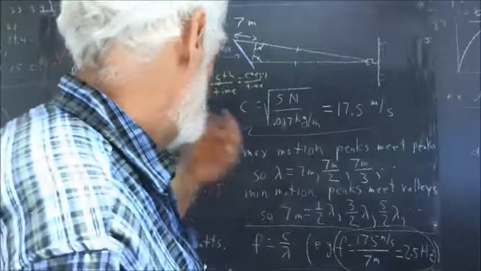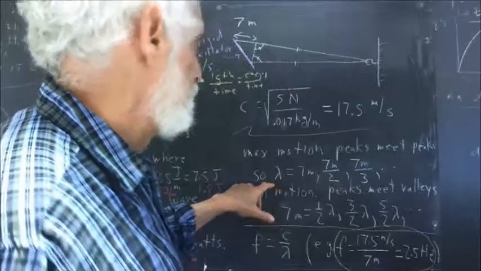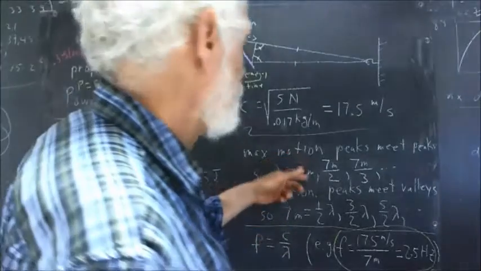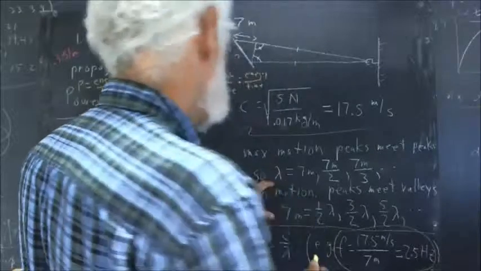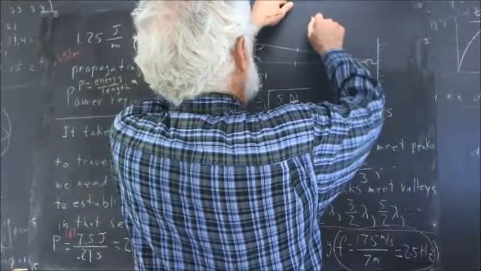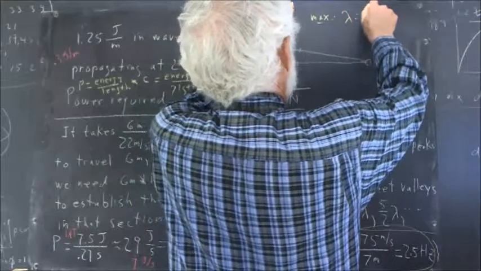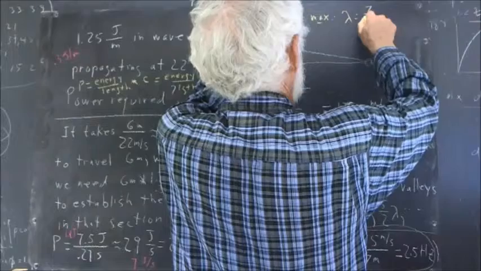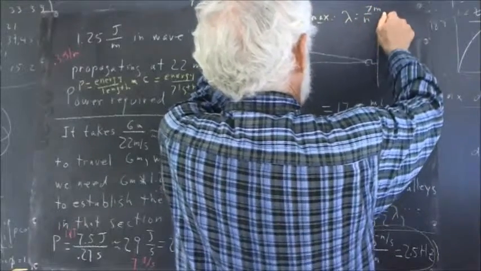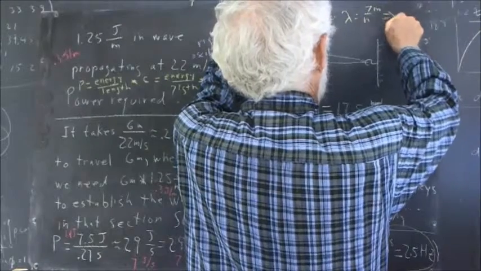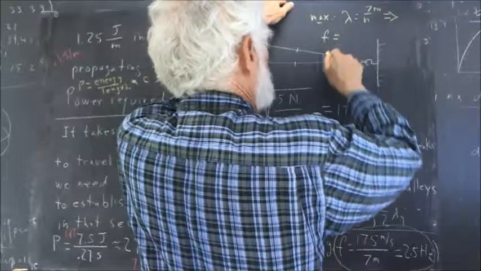Okay, you're going to have maximum motion of the peaks if lambda is 7 meters over n, which implies that your frequency is going to be what?